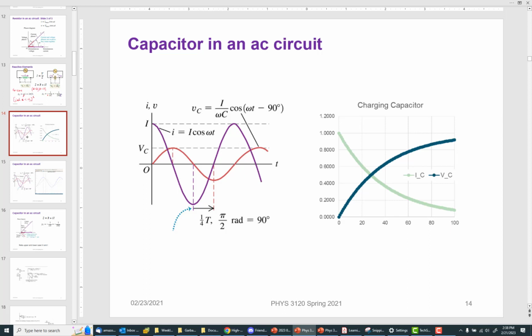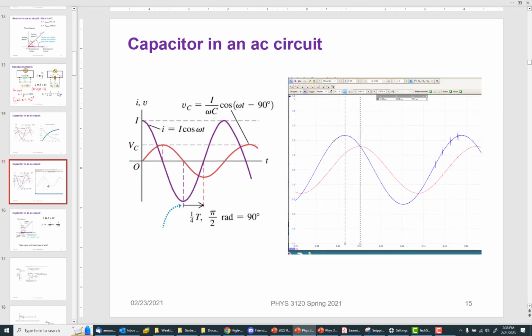I always get this wrong. So this is the now, and I keep going. I can never get it right. I thought I wrote it down here.